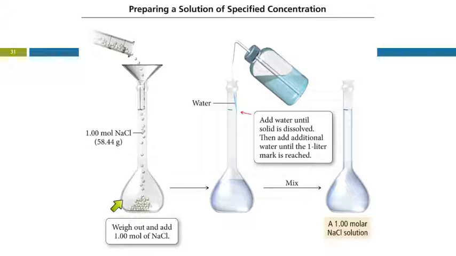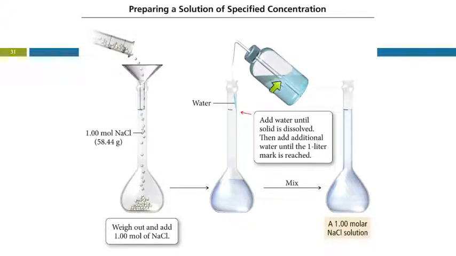And this is a 1 liter flask. And we're going to add 1 mole of sodium chloride. And we're going to have to do a calculation there to find out what mass to weigh out. So 58.44 grams of sodium chloride. We're going to add that to our flask.